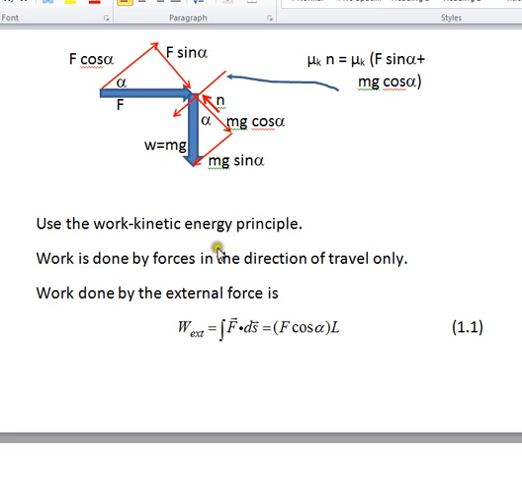So we'll use the work energy principle. The forces normal to the direction of travel do not do any work. And so considering the external force, F cosine alpha times the length traveled, L, is the work.